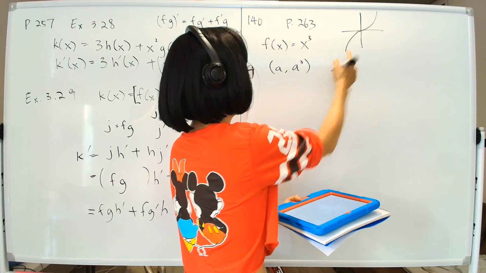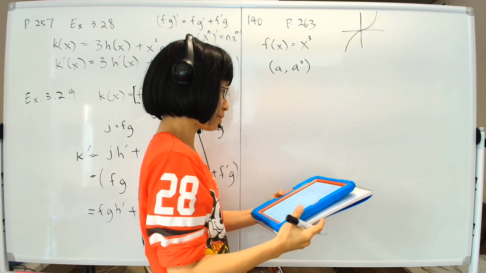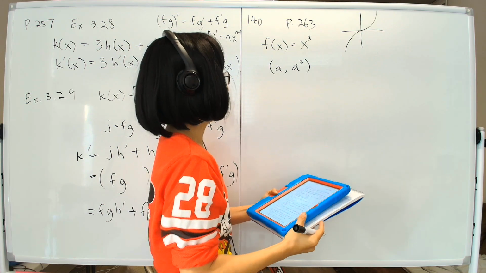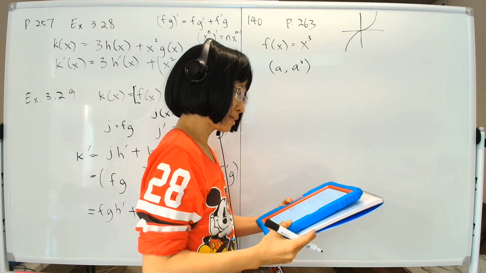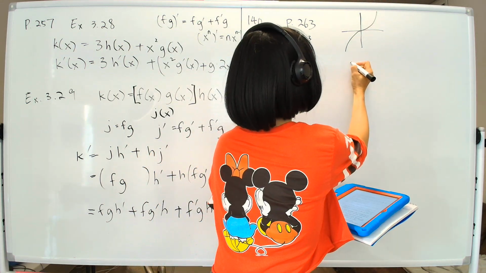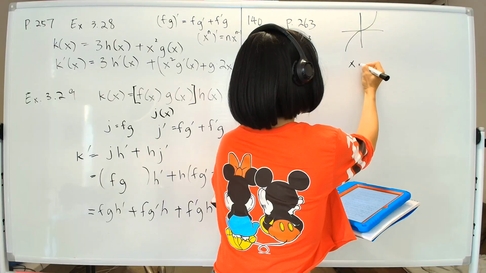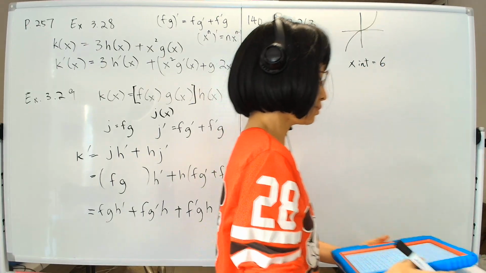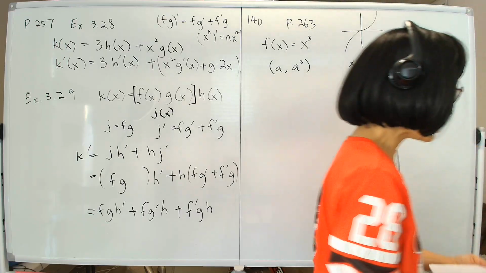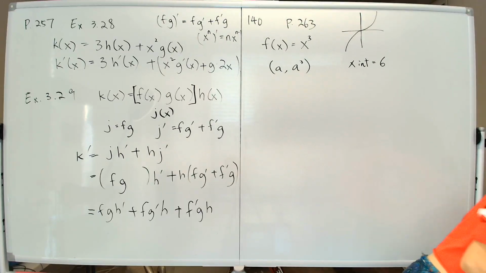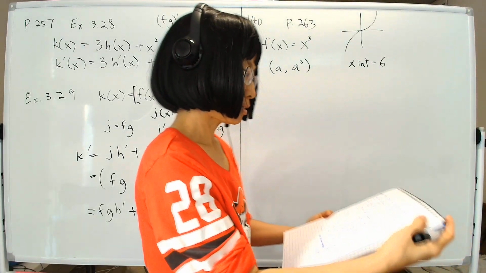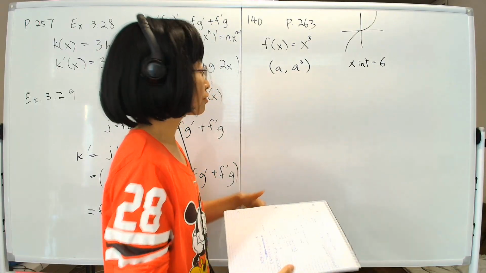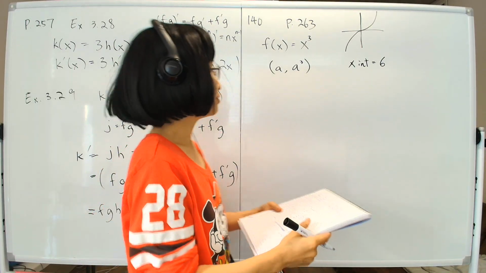At some point on here, a and a cubed, the tangent happens to have an x-intercept of 6. So we need an x-intercept equal to 6. All right, so how do you do that? The way you do it is to make out the equation for this tangent line.